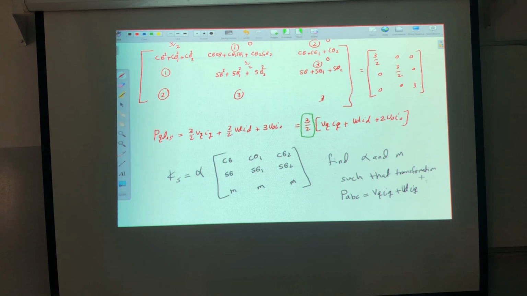But at the end of the day, V0 I0 is equal to 0. Such that the power is preserved.